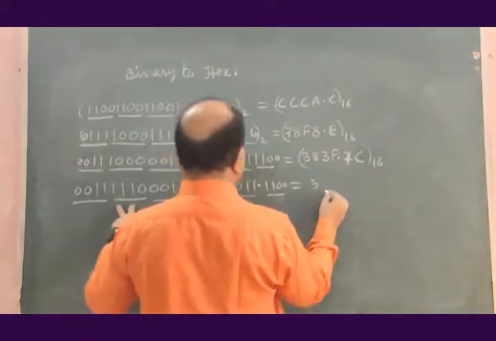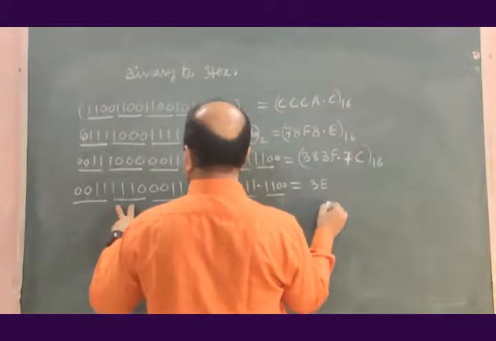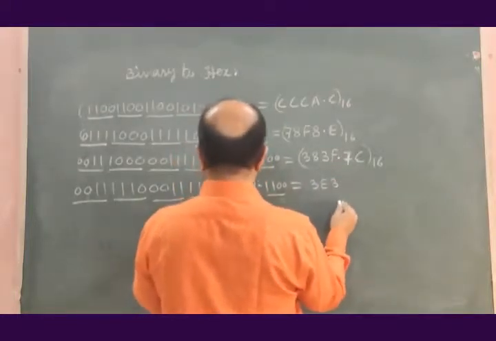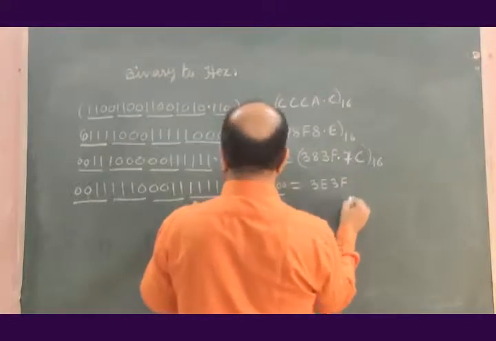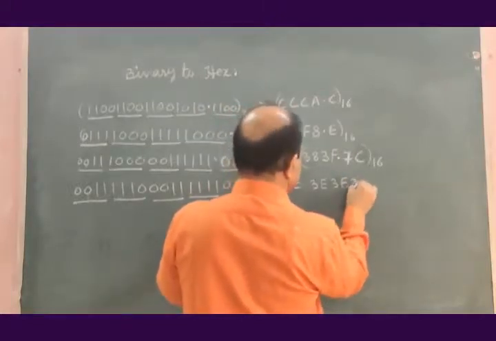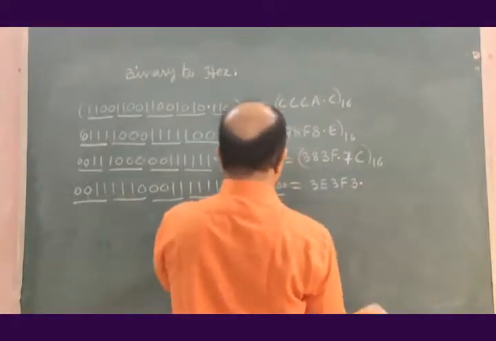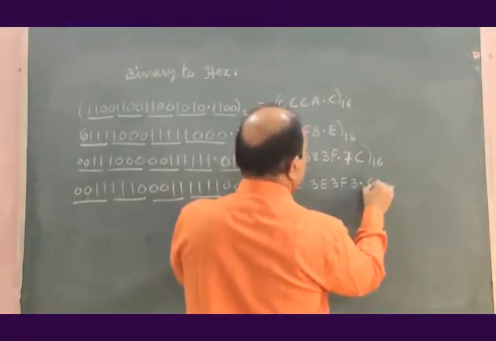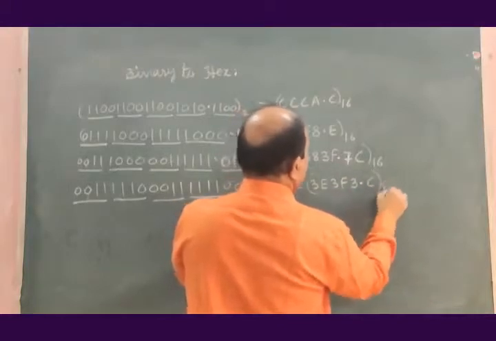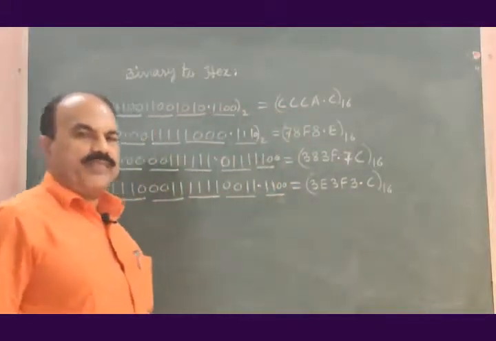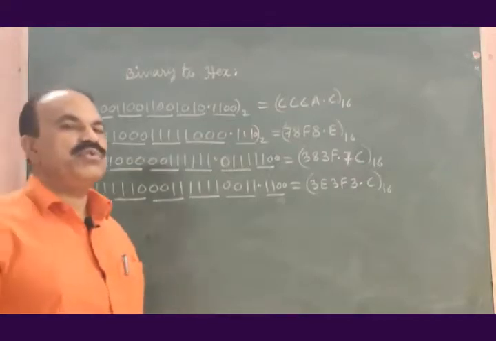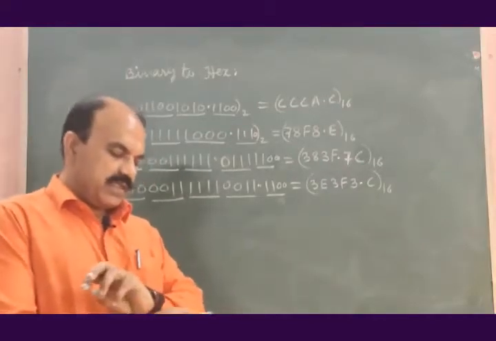This is 14. This is 3. This is 15. This is 3, hex point. This is 12. This is the procedure for conversion of binary numbers to hexadecimal numbers.